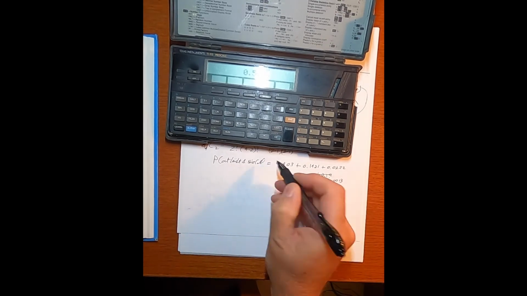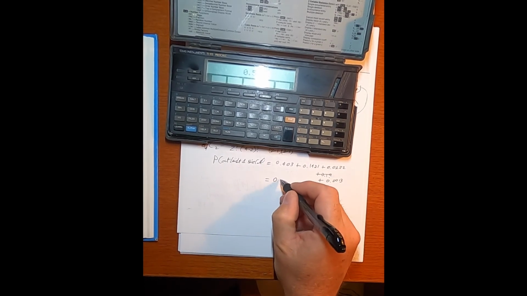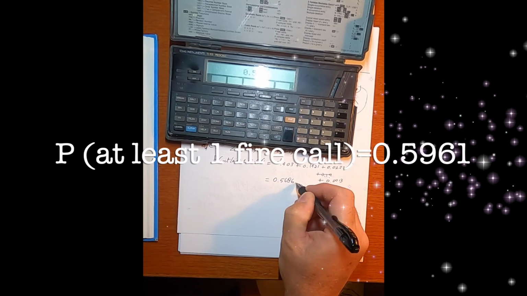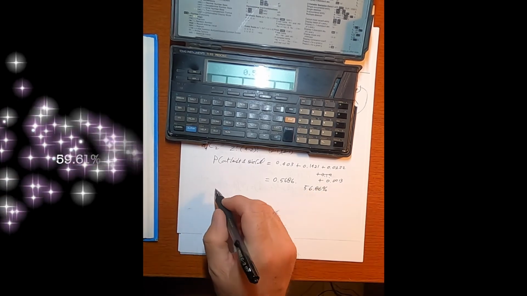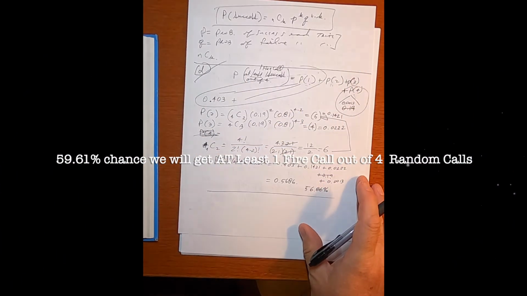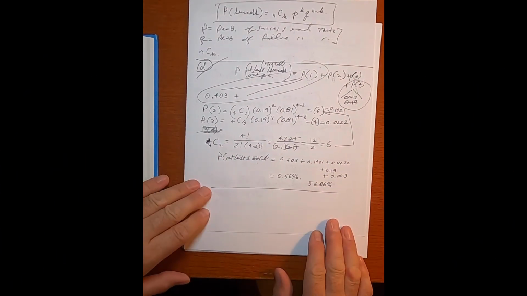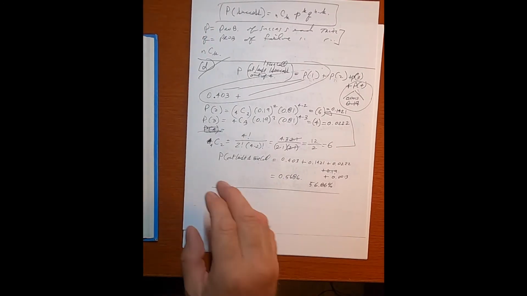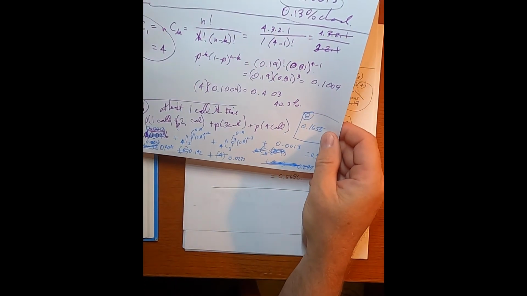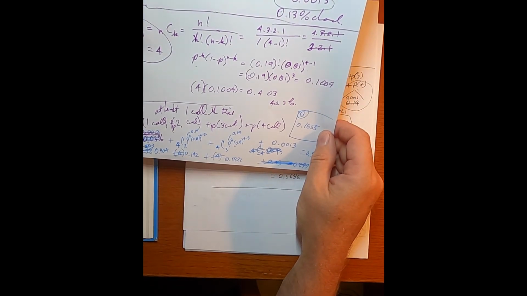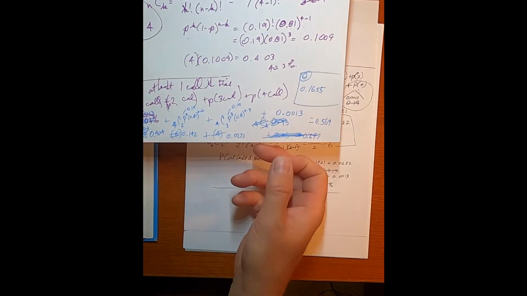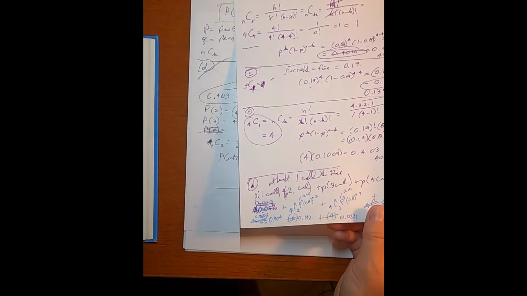Okay, here we go. We have 0.5686. So there you go, about a 56.86% chance of getting at least one fire call. So it's pretty high, and the success of at least one fire call is pretty good.